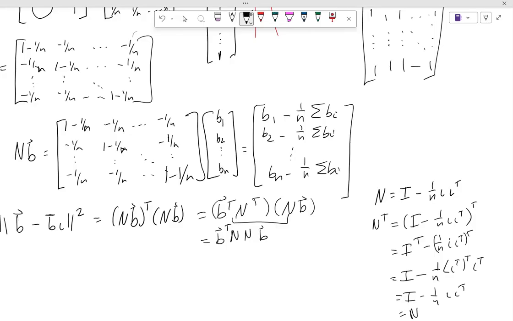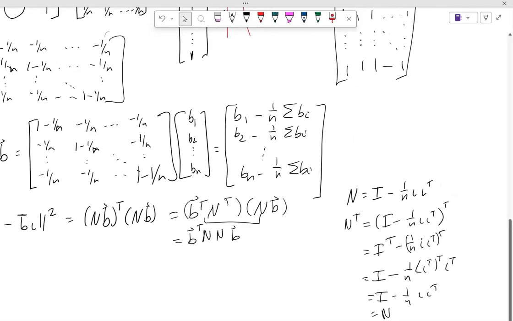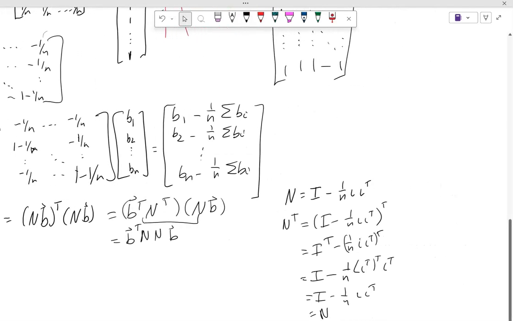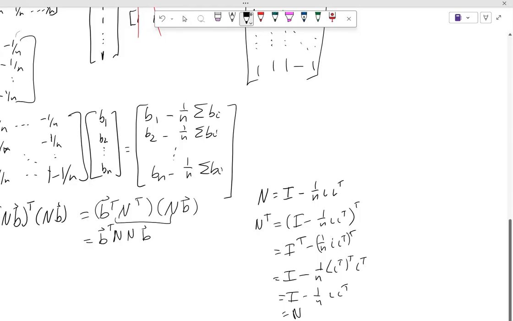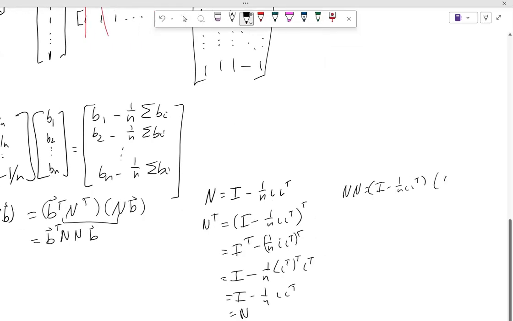Okay. All right. Let's see what else happens, because there's another simplification we can do. Let's see what happens if we take N times N. I'm an algebraist.